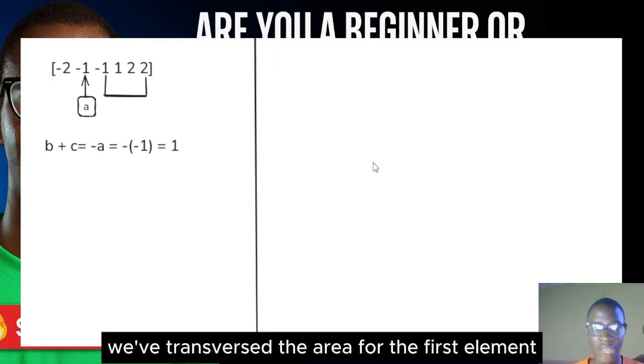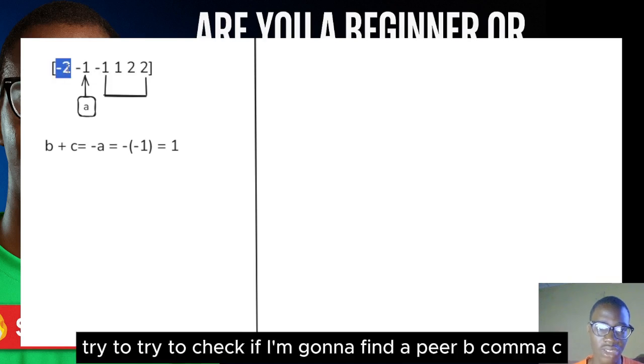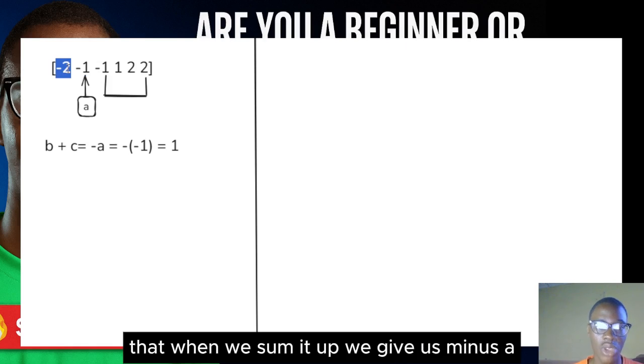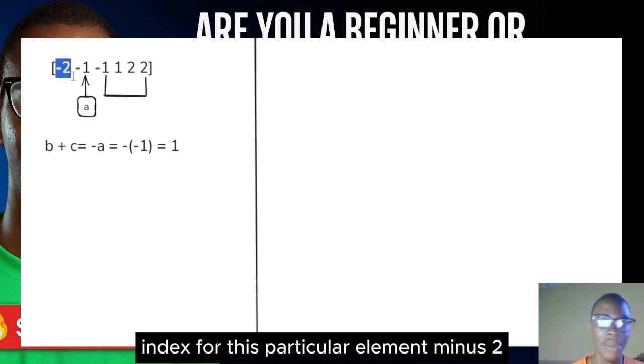So right now we've traversed the array for the first element, -2, to check if we're going to find the pair B, C, that when we sum it up will give us -a, and we couldn't find it for this particular element -2.